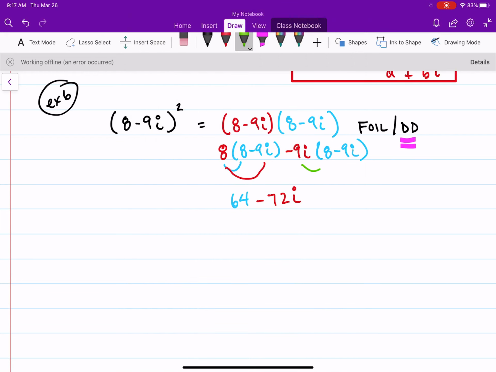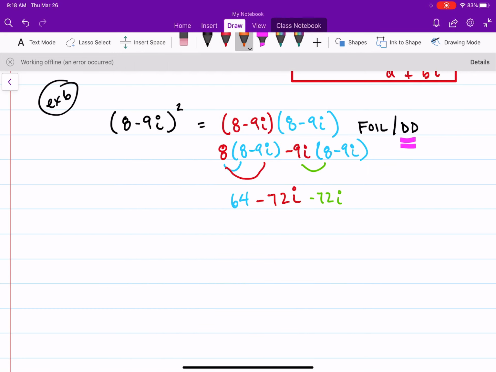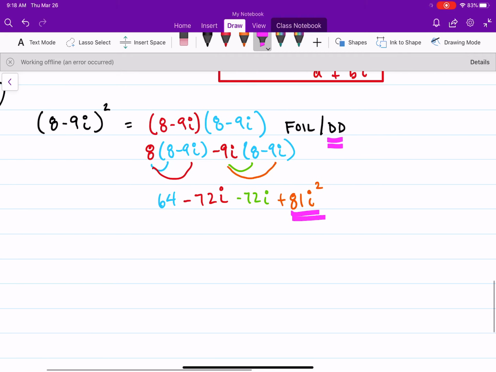I'm going to have negative 9i times 8, which is negative 72i. And then I have negative 9i times negative 9i, which gives me positive 81i squared. All right? So, again, what is this? This is actually 81 times negative 1, which becomes a minus 81.